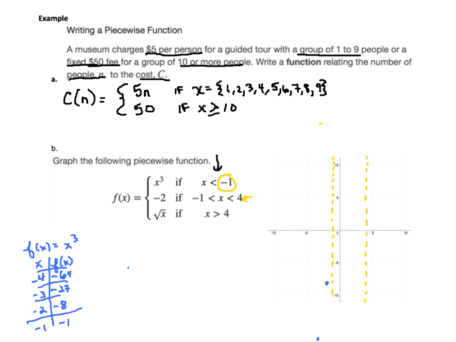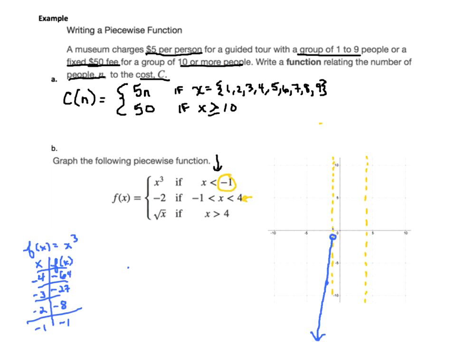So when I come up with this piece, when I reach -1, it's going to be an open circle. So I come all the way up, and for this piece, when I reach -1, -1, that's an open circle because I cannot exist there.